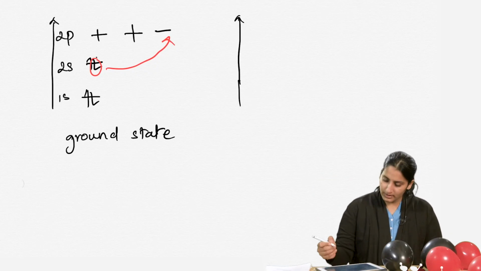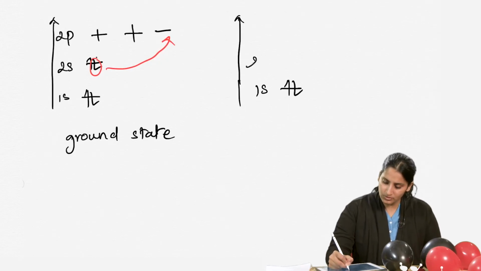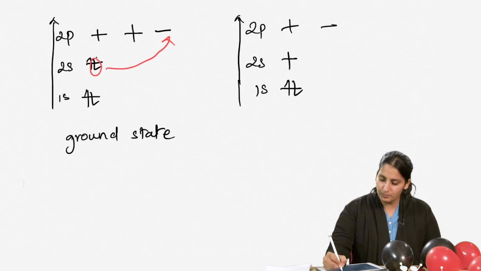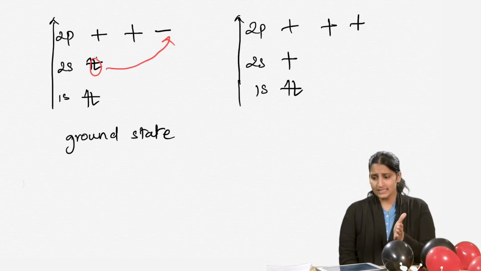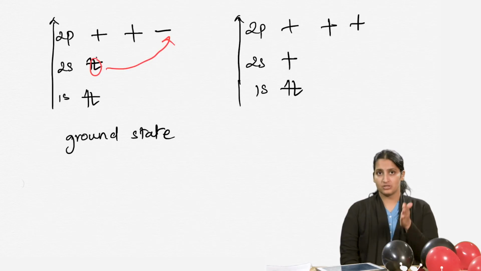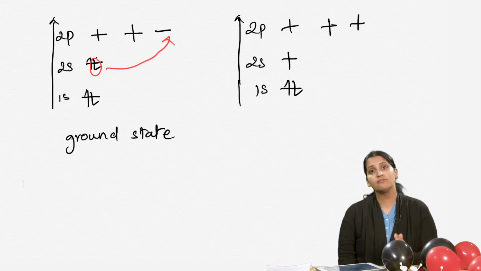So, now the excited state electronic configuration becomes 1s2, 2s1, 2px1, 2py1, 2pz1.